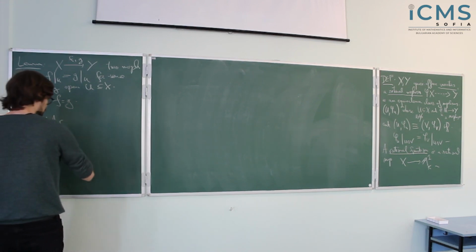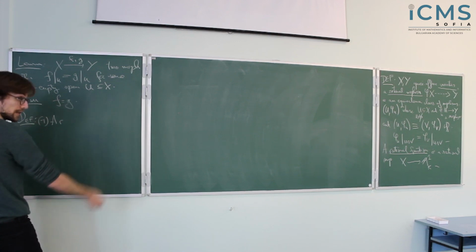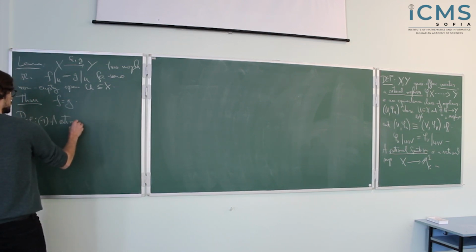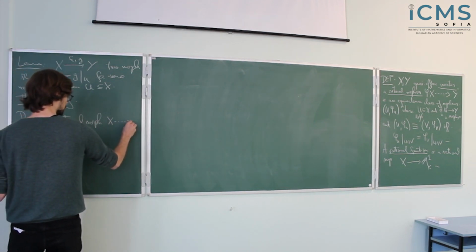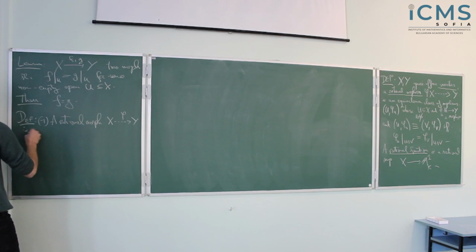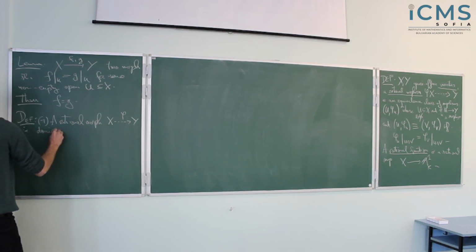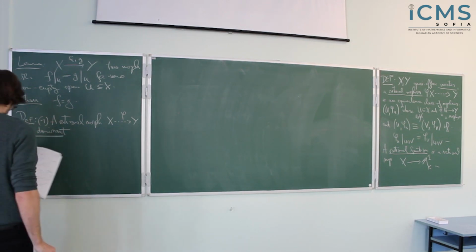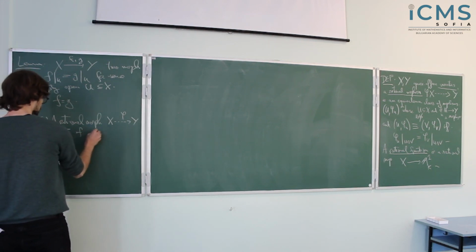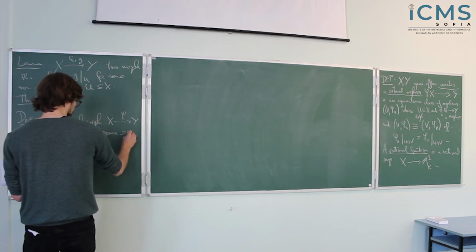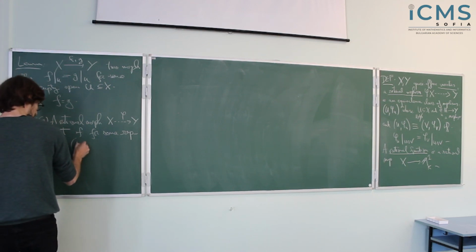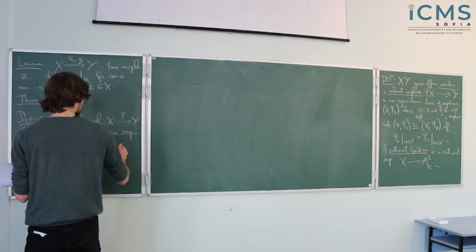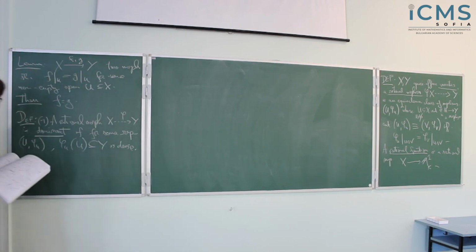Let's start. The first one is the notion of dominant. A rational morphism phi is dominant if for some representative (U, phi_U) of this equivalence class, we have phi_U(U) dense.